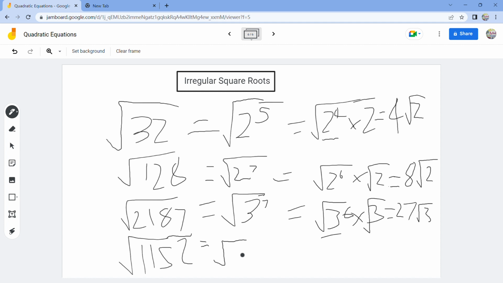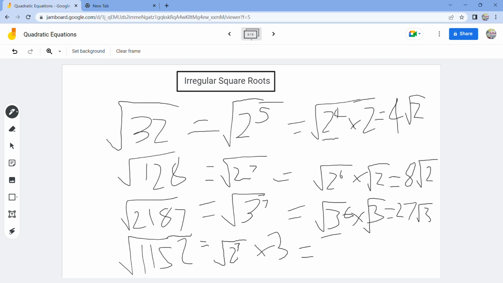Now 1152, this is a little bit trickier because it not only has powers of 2, but it also has a little bit of powers of 3. So let me break it down into prime factorization. 1152, if you know, it's actually 128 times 9. The square root of 2 to the 7, and then what's the square root of 9, guys?